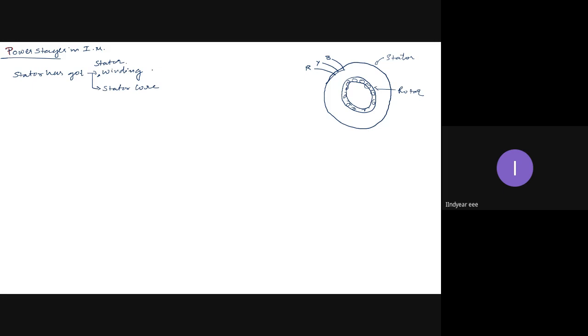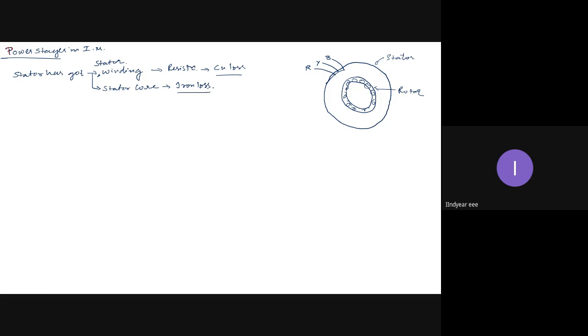Now winding is having its resistance. Okay. Therefore I get copper loss. Stator core is made up of any practical material. Therefore it has got iron loss. So before the power is available after the stator, the input supply must satisfy stator copper loss and stator iron loss.